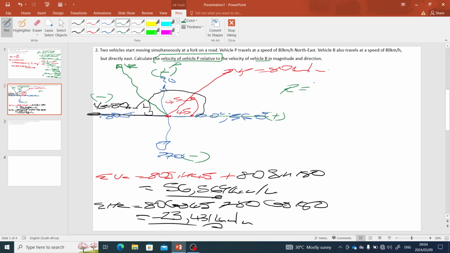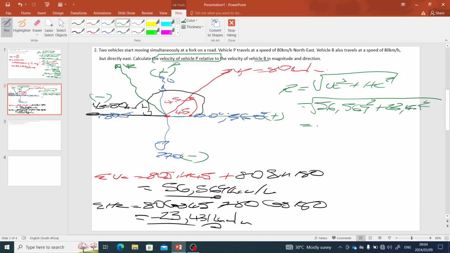In calculating the resultant, it will be VC squared plus HC squared. Then we get our answer as 56,569 squared plus 23,431 squared, all square root.